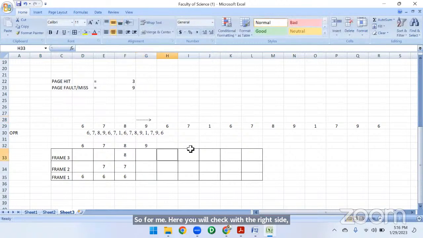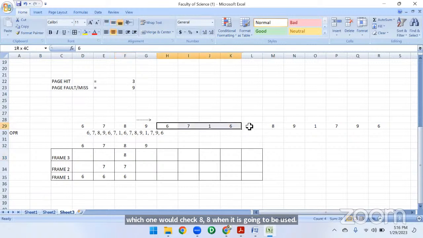Which one will it check? 8. 8, when is it going to be used after 7? I mean, after this much time it is going to be used.